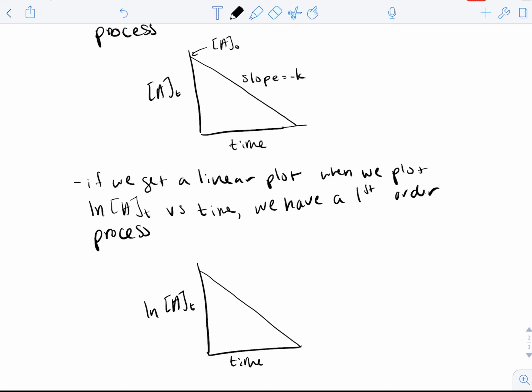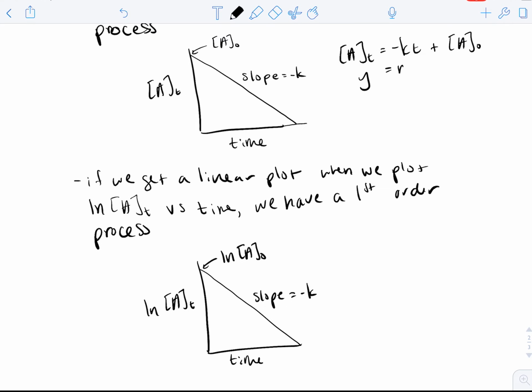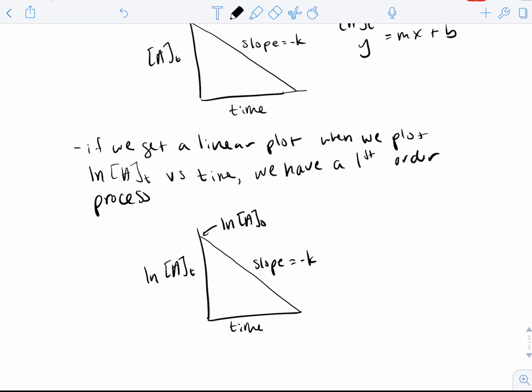We have a linear plot where our y-intercept is ln A naught, and our slope is negative k. And I'm just going to real quick write out our integrated rate laws for these, so you can see this y equals mx plus b. Here we have ln of A at t is equal to negative kt plus ln A naught.